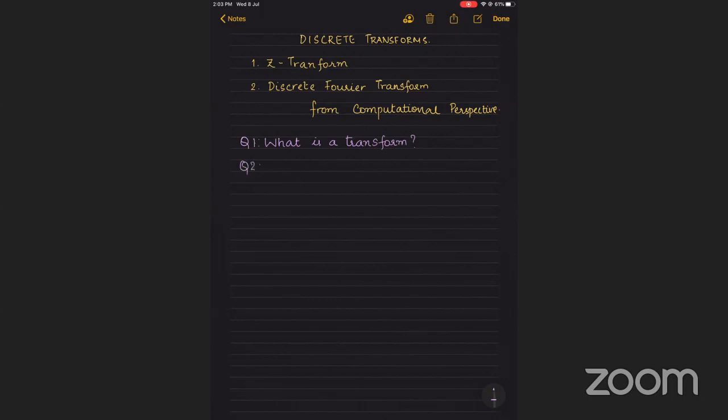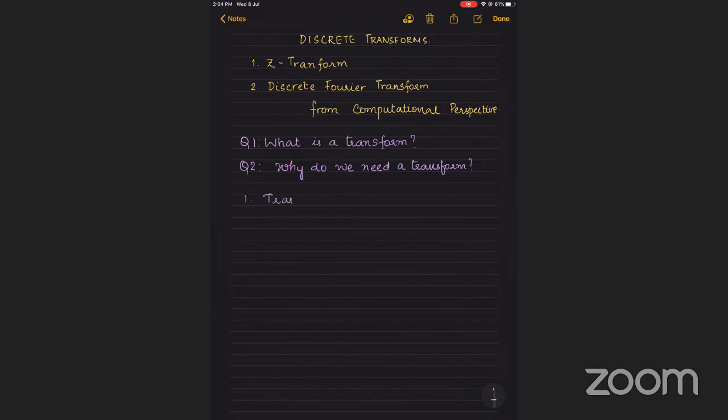Question 2: why do we need a transform? So we will look at these two.